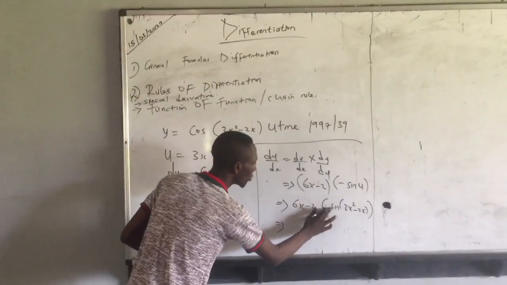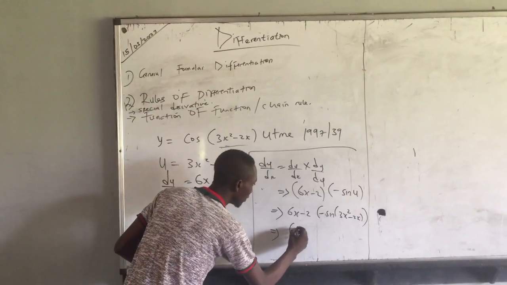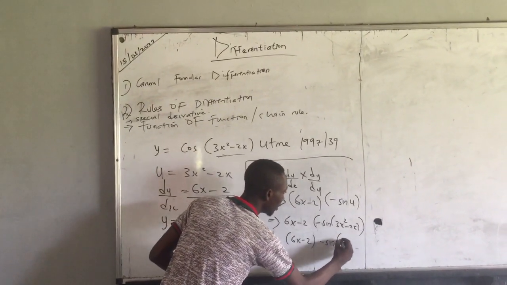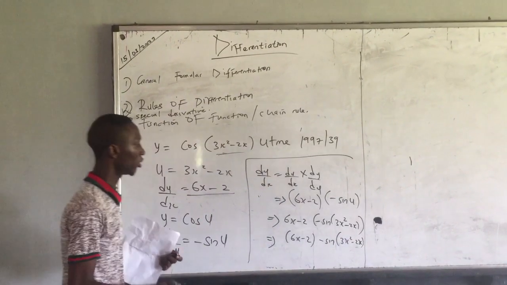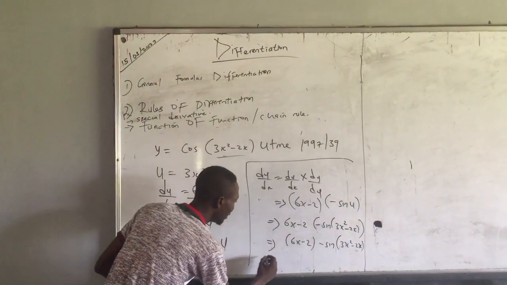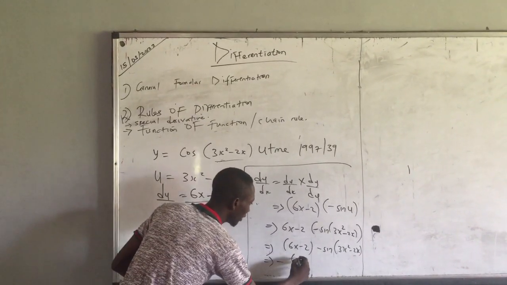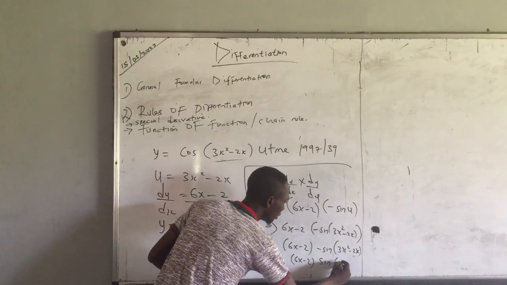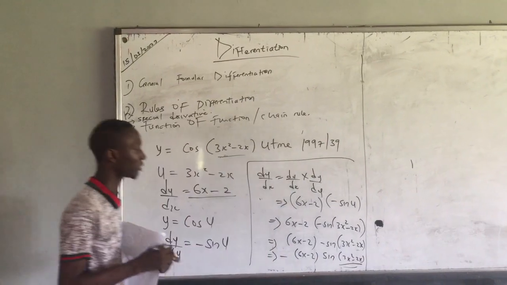This minus, we can bring it out. Now we should write it this way first. It becomes 6x minus 2 times minus sine of 3x squared minus 2x. Then we can write it this way, bringing the minus out totally: minus 6x minus 2 sine 3x squared minus 2x, and this is our final answer.